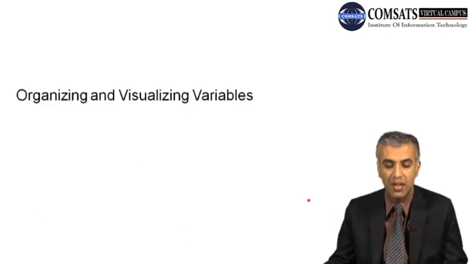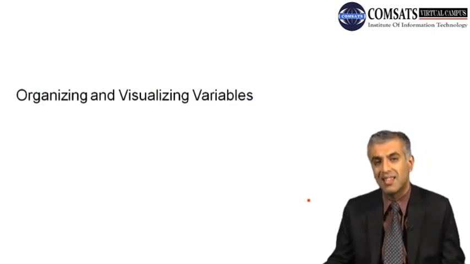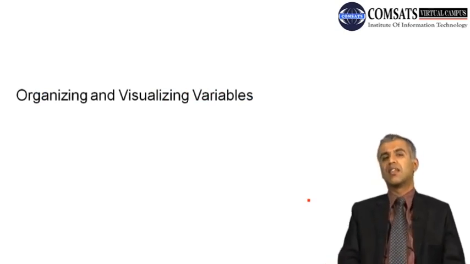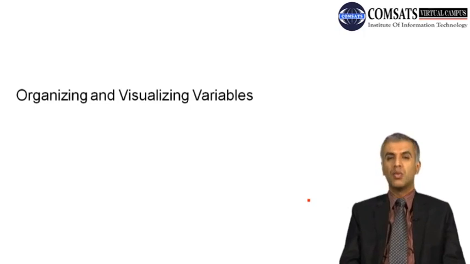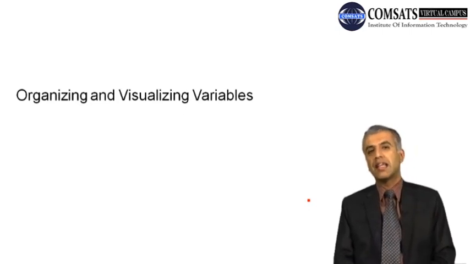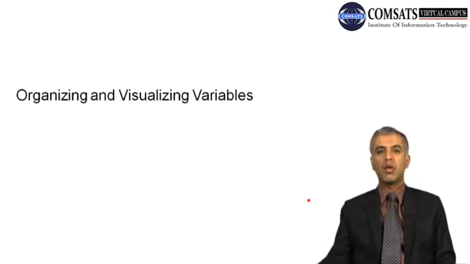So based on this, after that, we had a discussion on how to organize and visualize the variables, because once we have collected the data through survey and any other tool, then our major concern becomes how to organize it properly and how to present it properly. So organizing of such kind of variables which have been collected from the field is of primary importance to us.